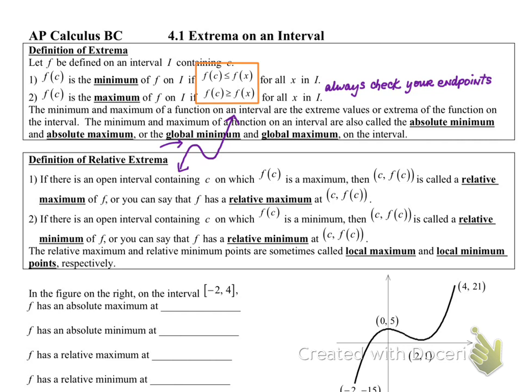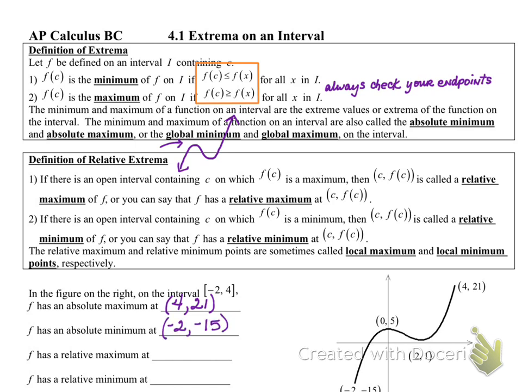And we have an absolute max at that uppermost point, at 4, 21. We can also see that the lowest point on this interval is -2, -15. It's a little cut off, but we can still read it.